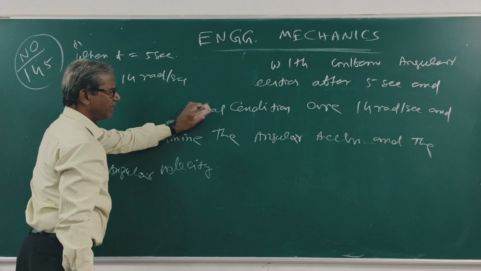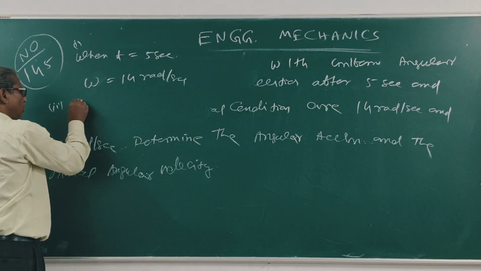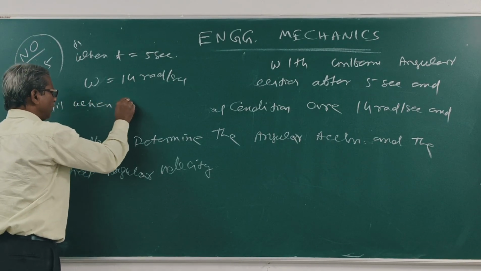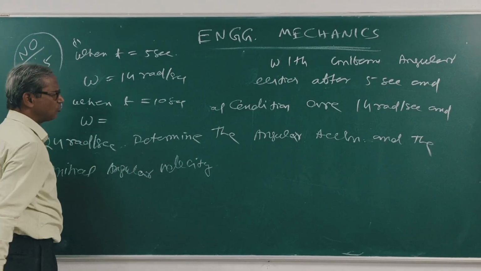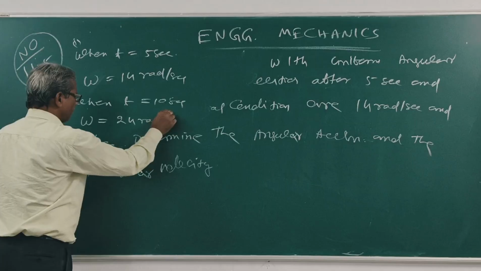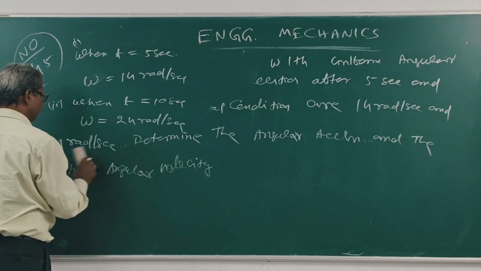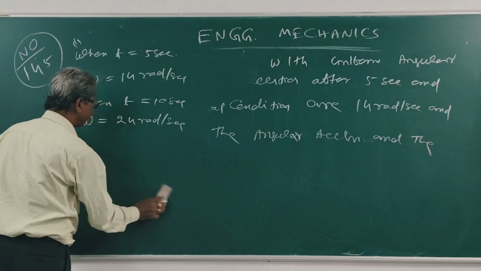Clear? Case 2: when t is equal to 10 second, what is omega equal to? 24 radian per second. Clear?